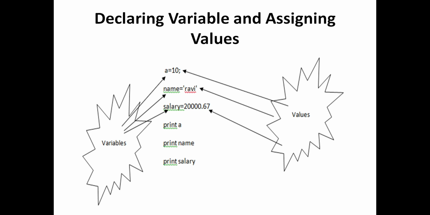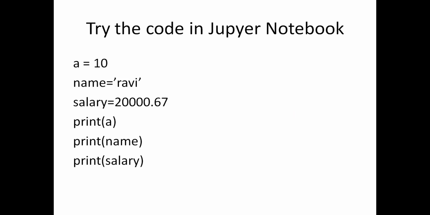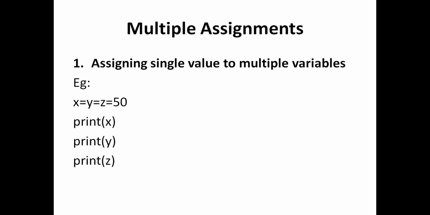Now we'll get back to multiple assignments, which we have already tried. Python allows us to assign values to multiple variables in a single statement, which is also known as multiple assignments. We can apply multiple assignments in two ways, either by assigning a single value to multiple variables or assigning multiple values to multiple variables.